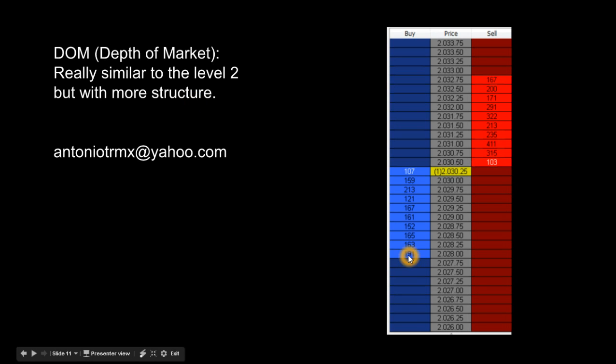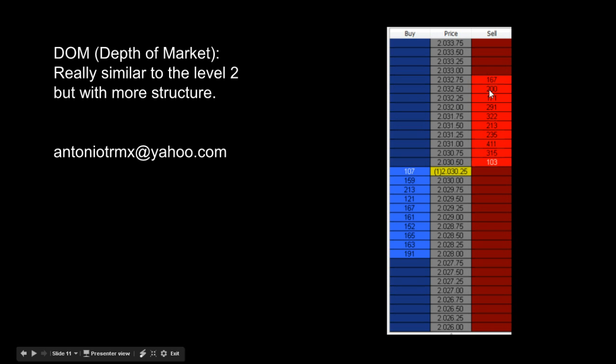This is all the limit orders, all the bidders, what we see on level 2. As you can see, this is the last price in yellow, telling you that this is the inside bid, the highest price of demand. And right here are the ask levels, and this is the inside ask, with higher prices.